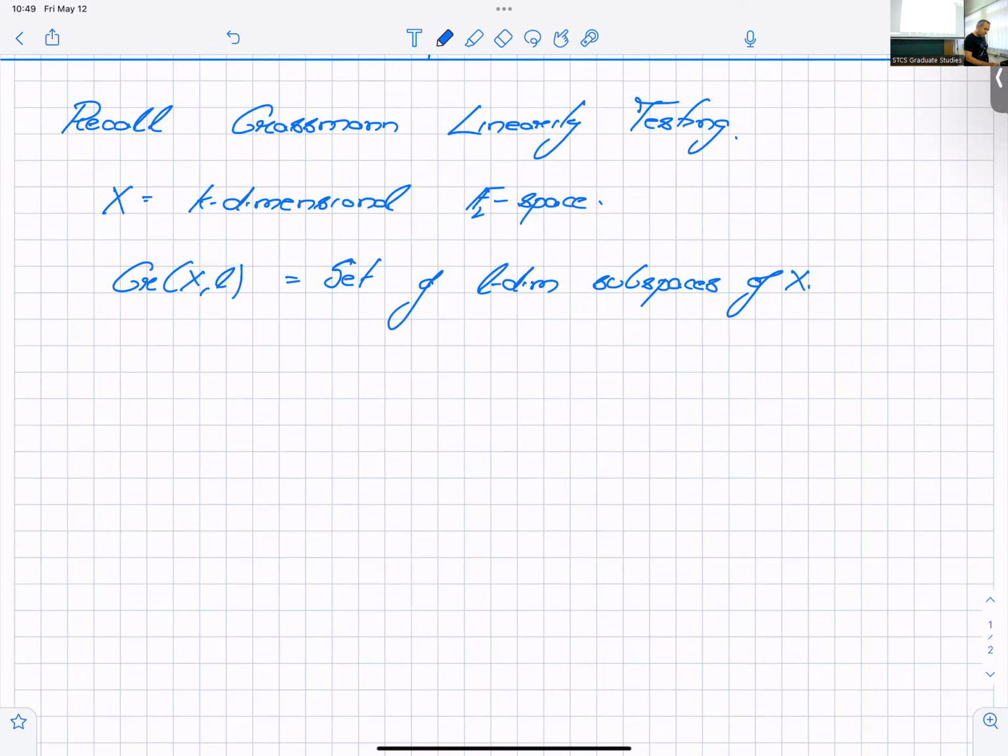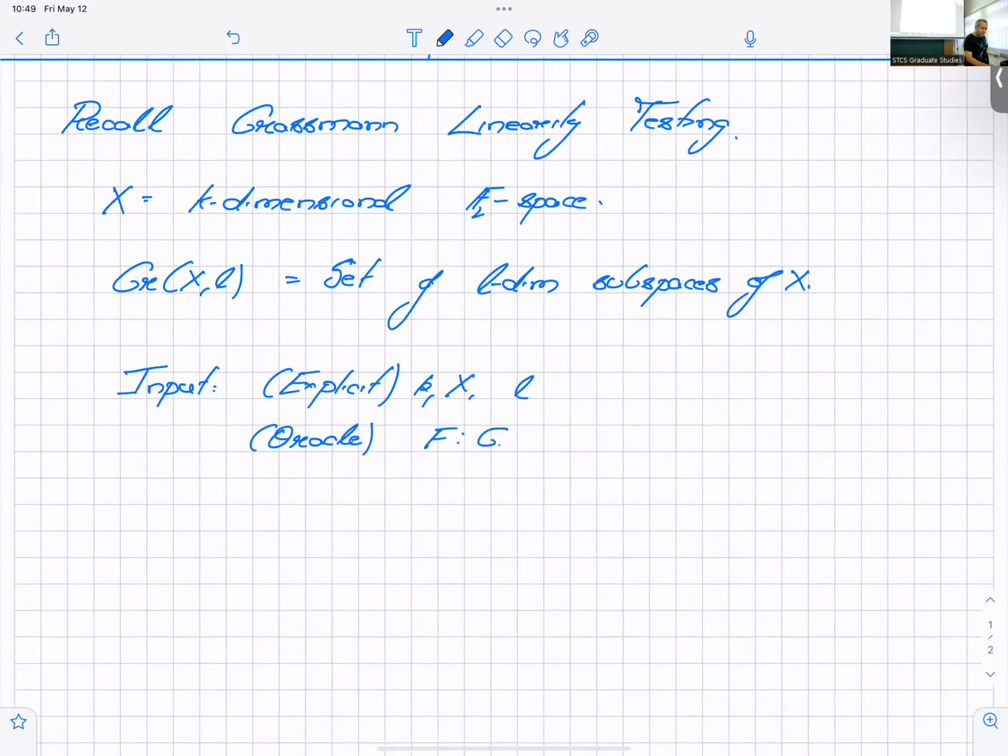So the explicit input is k, X, and L. The oracle input is this function f going from Gr(X, L) to {0,1}^L.